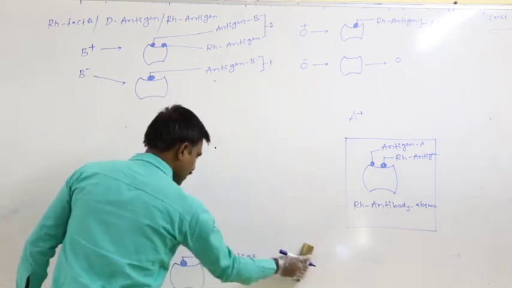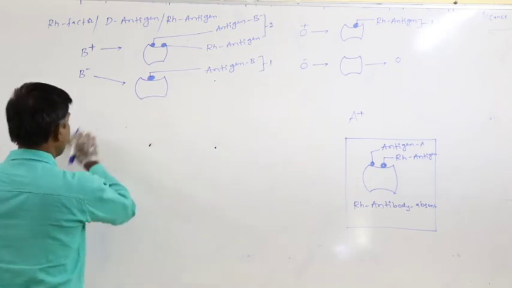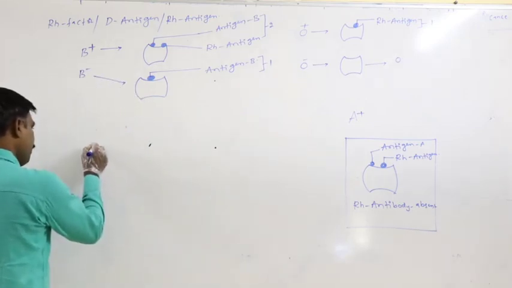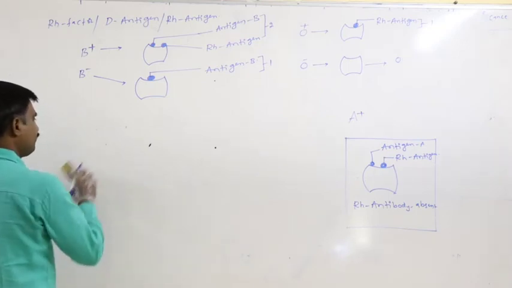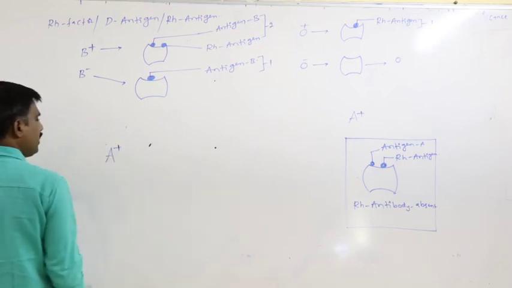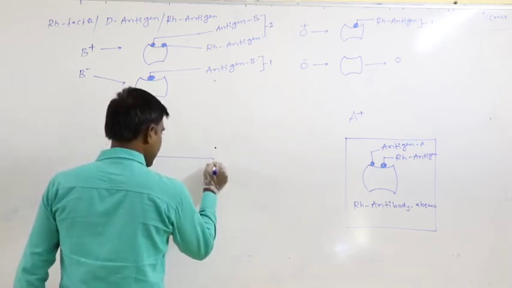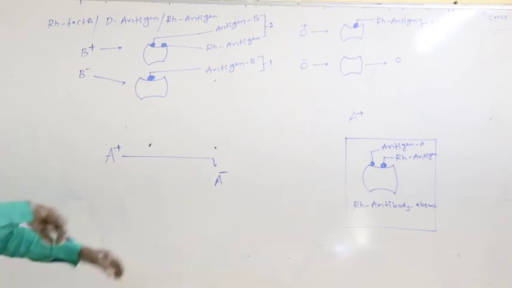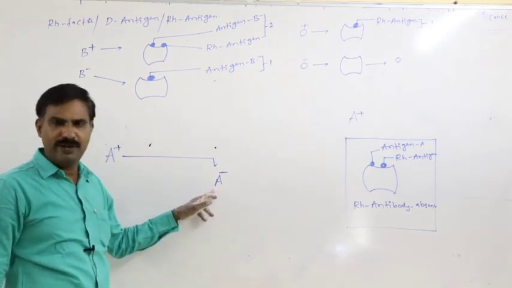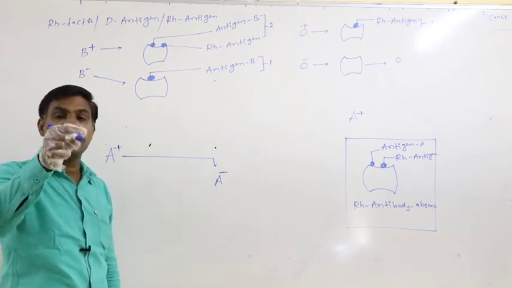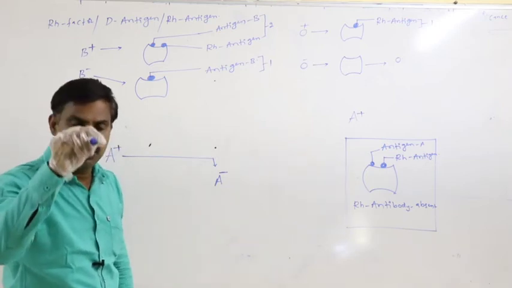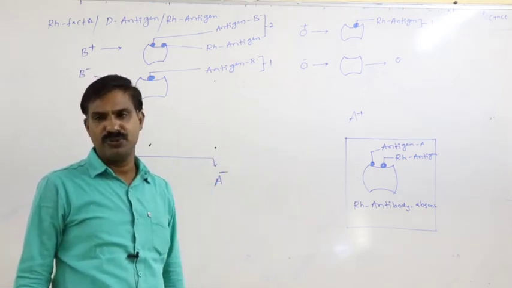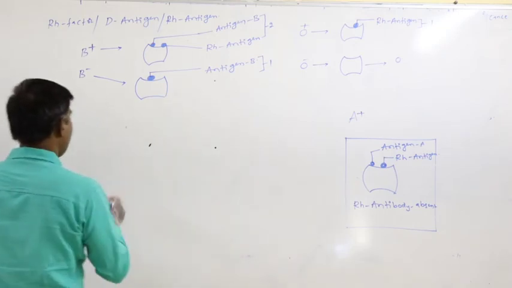Whenever there is the chance to produce the Rh antibody, that means whenever positive blood is transferred into negative blood, inside of the negative person's body, antibodies are produced against the Rh antigen.